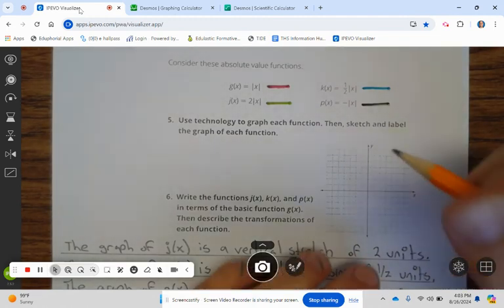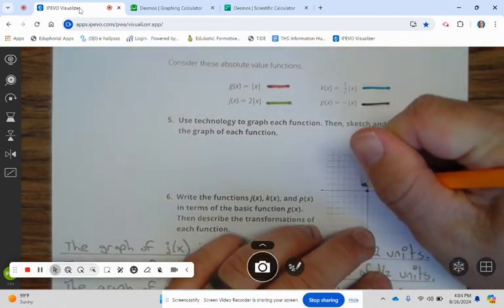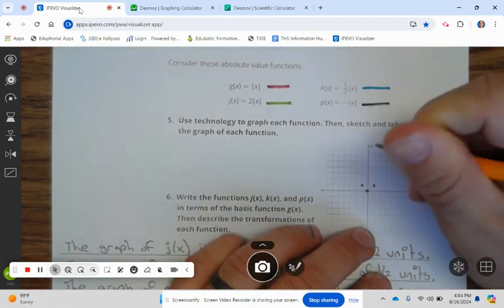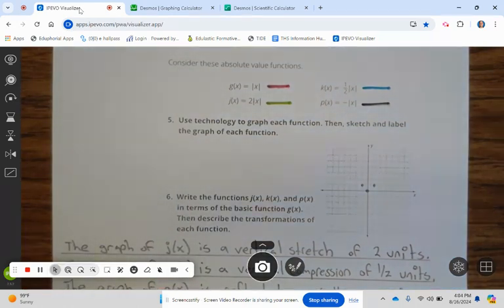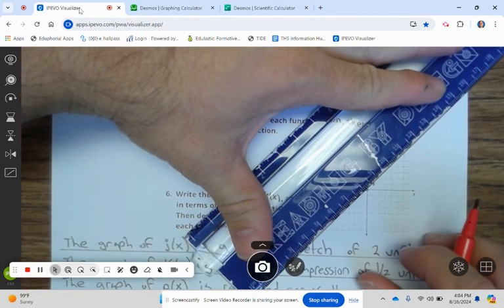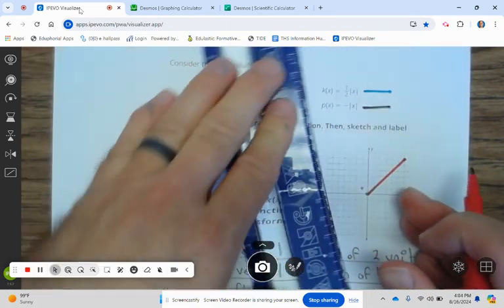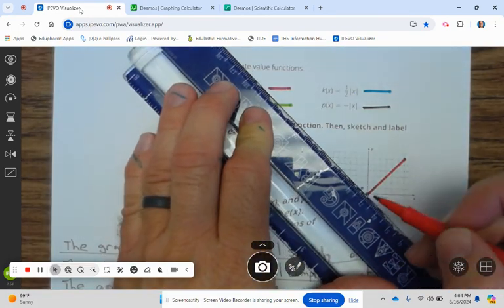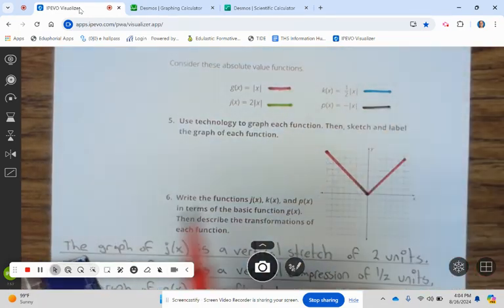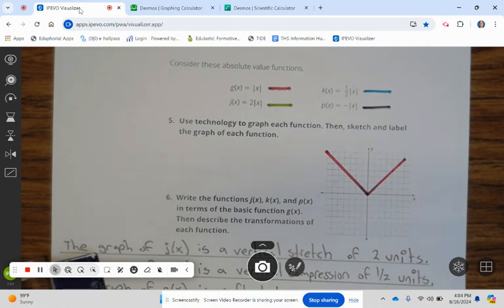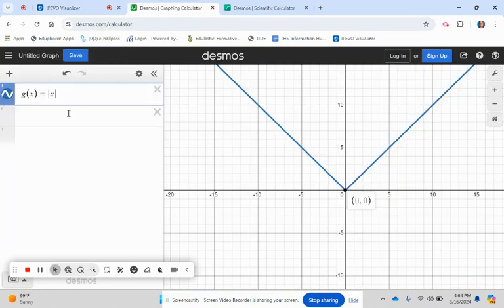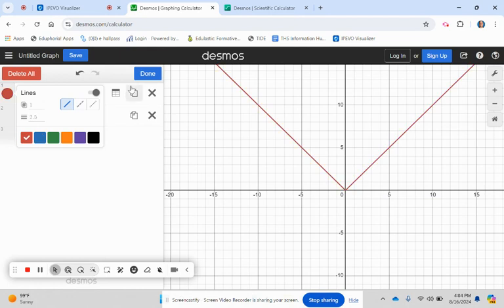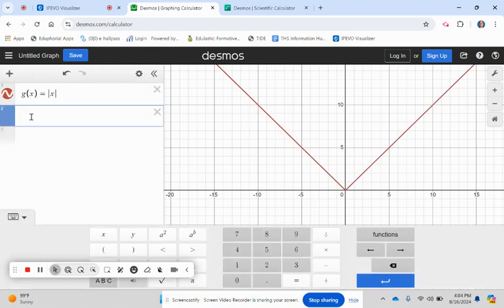So 0, 0, negative 1, 1, 1, 1. Let's change the color there. I almost forgot, we said red. Done. Let's take a look at the next one.